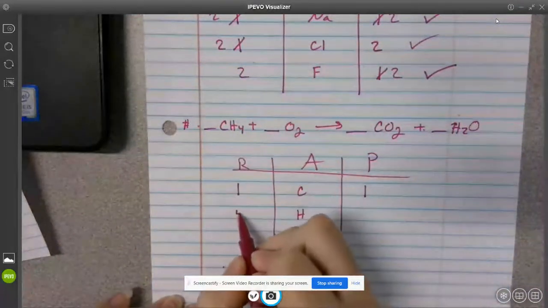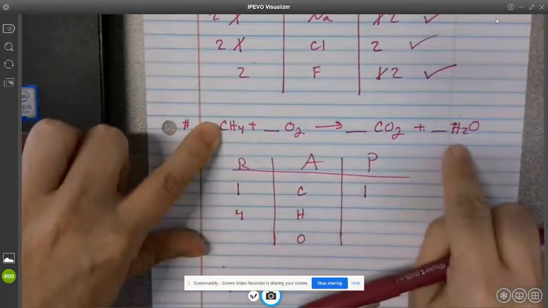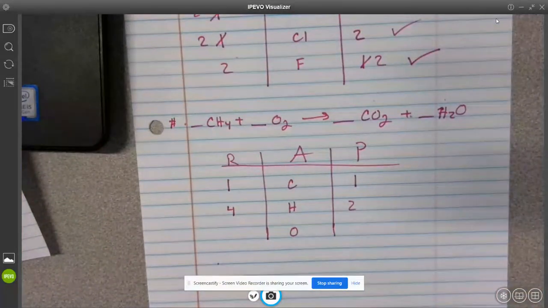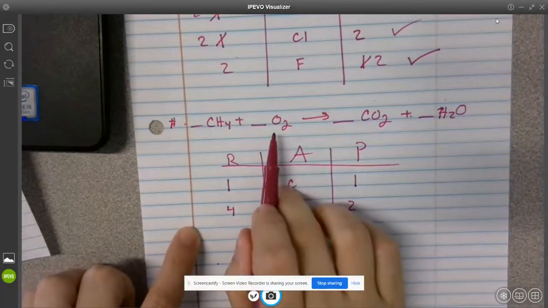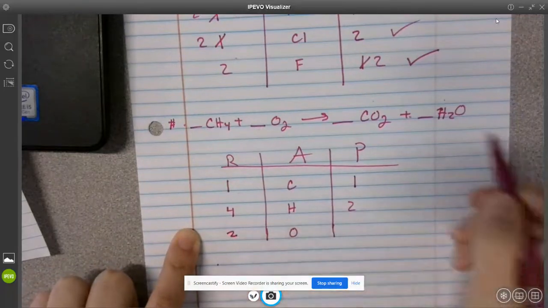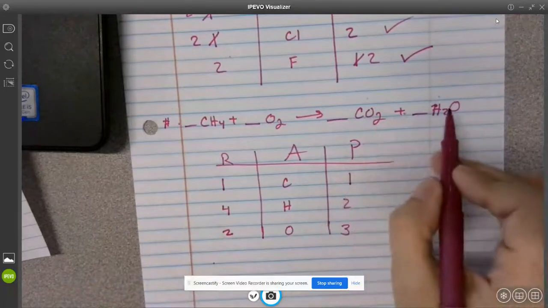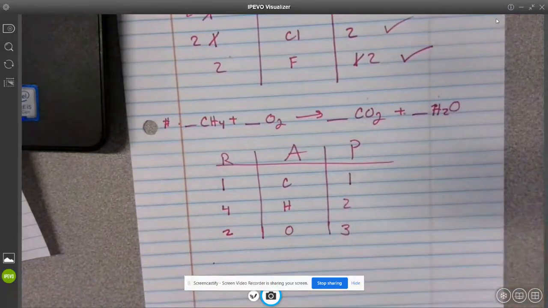Hydrogen, I have 4 on my reactant and 2 on my product. Oxygens, I have 2 on my reactant and 3 on my product. So carbons are good starting off. I'm not going to mess with them.